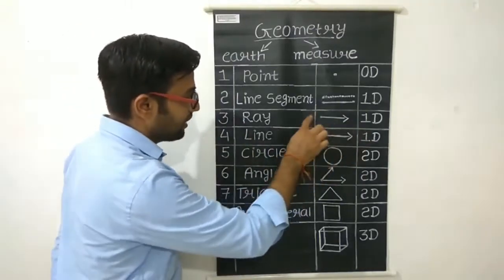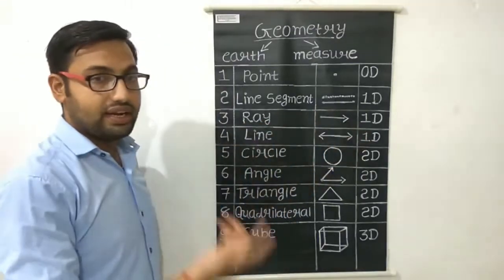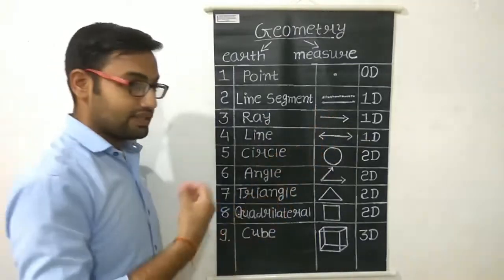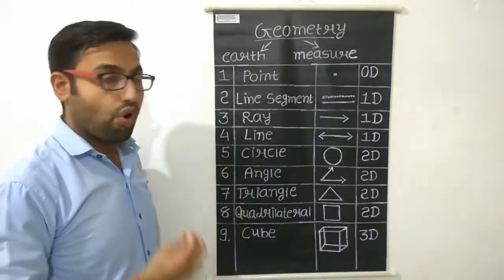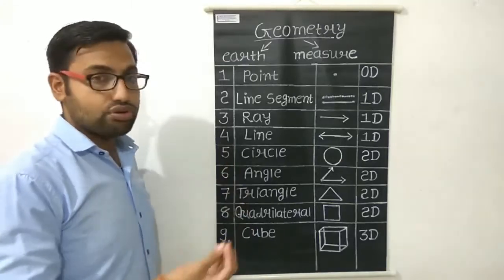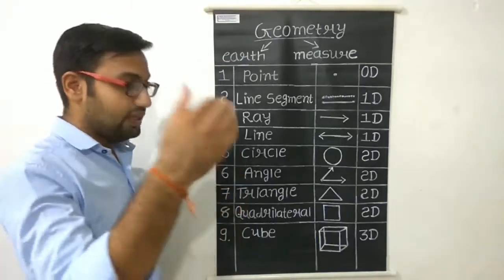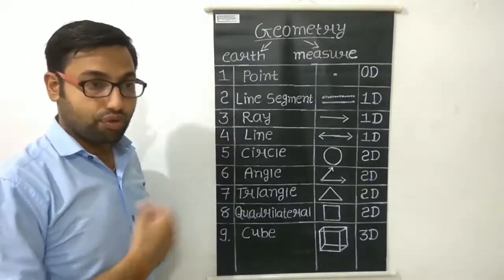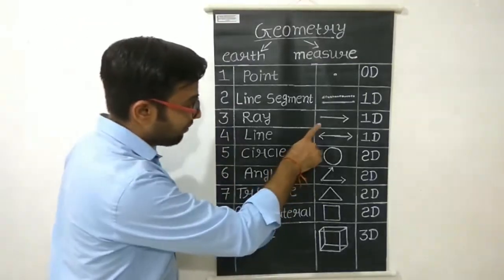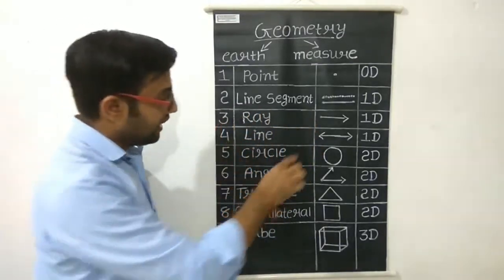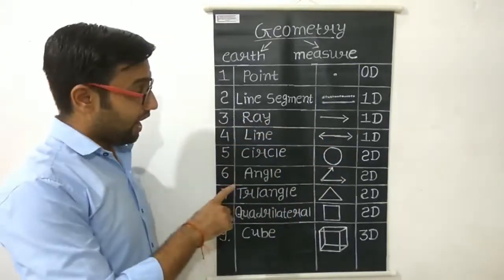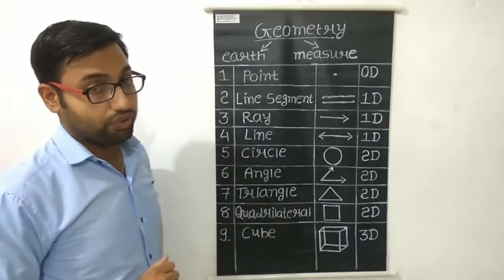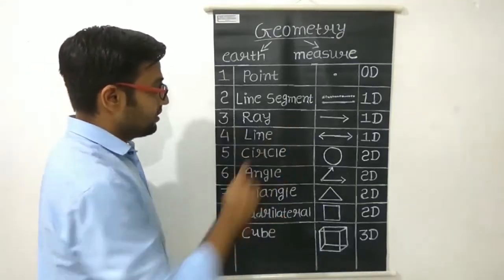In the same way, we can give the example of a ray as a bulb or tube light, or we can also say the sun. All the light comes from the sun in all directions. So one point is fixed, that is the sun, and the rays of the sun go in all directions, and how far they can go, we don't know. Okay, so that is all about the ray.